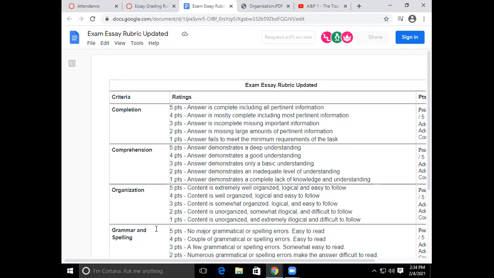So do your best. It is on auto lock, so no resources. But I really try to tell you on the review sheet what to study, so you know exactly what to study. I try to make it so that I'm not looking for a random fact on some page, but what you really need to know out of this class, because I don't like you not knowing what to study.